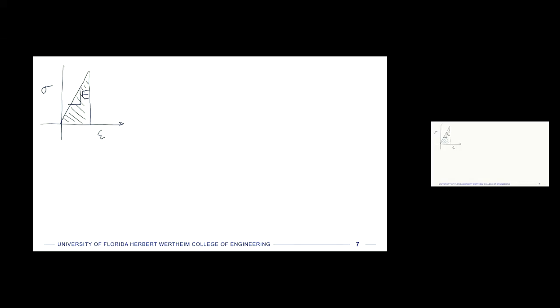So the area of that triangle is the strain energy, and I'll define that in a second, is 1/2 times stress times strain.